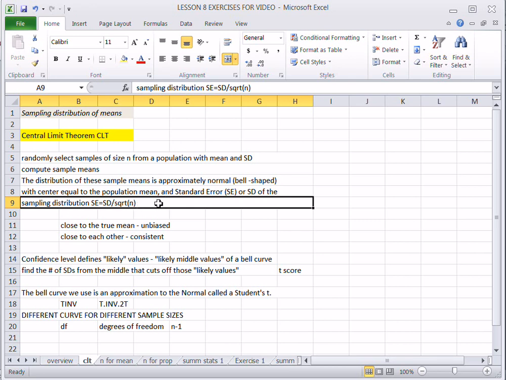That's why we're dividing by the square root of n, right? The bigger the sample size, the smaller the variation. The less variation, the smaller the standard error. So remember then that larger samples have less variation, smaller samples have more variation. Okay, that's really important.